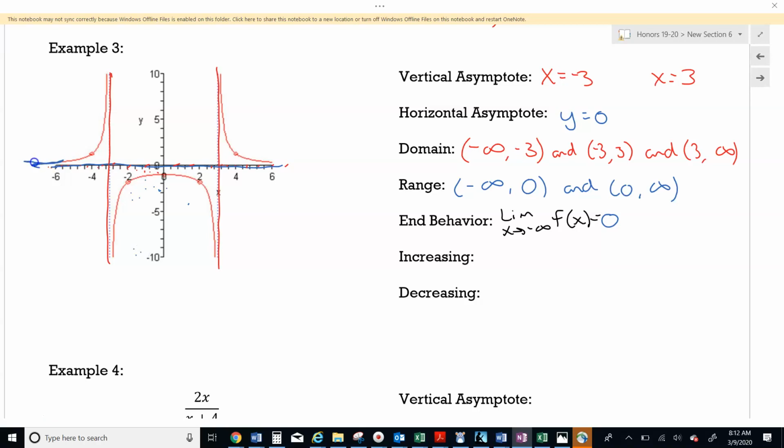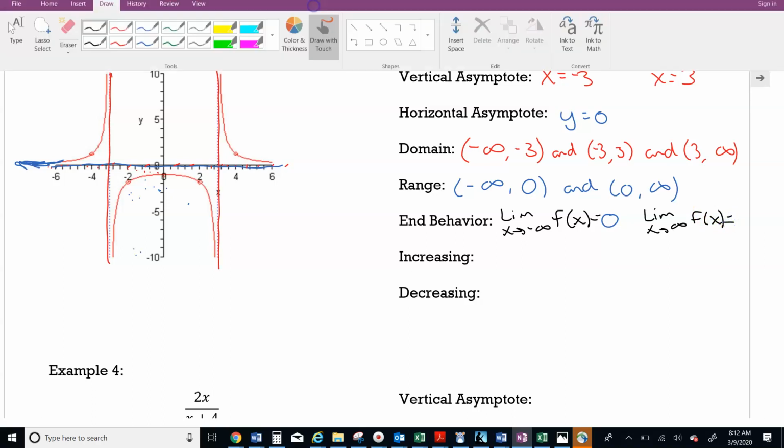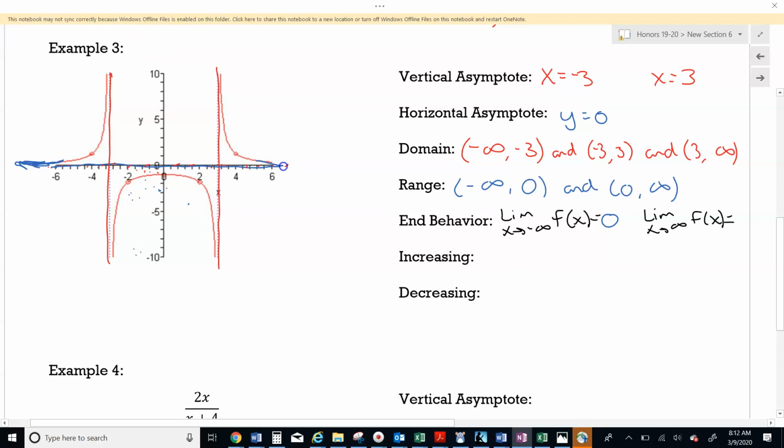As I go to my ends, this is what's occurring. This part has nothing to do with our end behavior. Same thing on the other side. As I go to the right, it's becoming that blue line, which is at y equals 0.